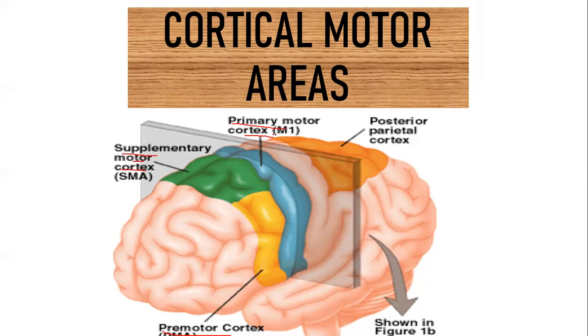First, all these motor areas are concerned with the frontal lobe. Majority of the motor areas are only in the frontal lobe. And second, all the motor cortex is going to be in front of the central sulcus.